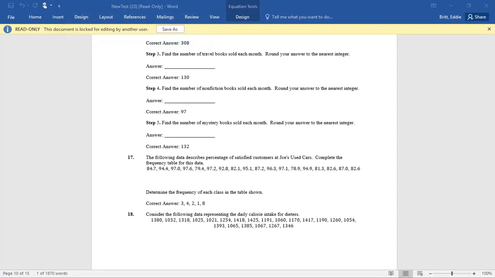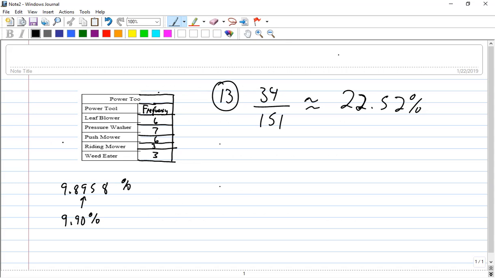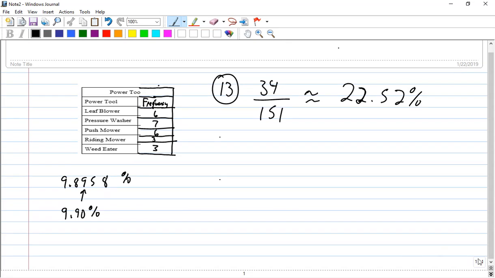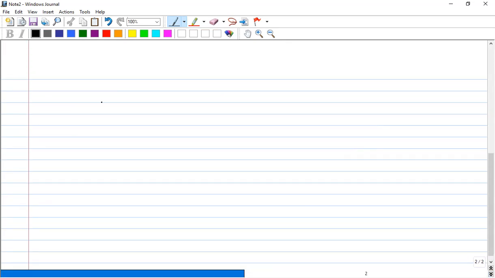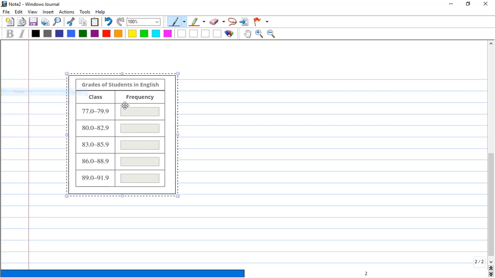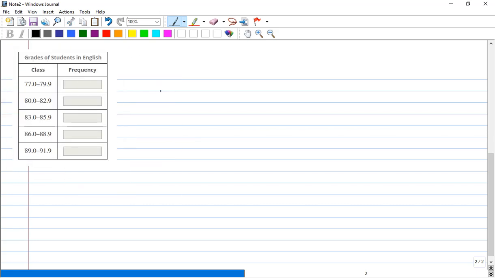And I may have to give you just a whole new problem because every time I open this and look at it, it gives me different numbers. Okay, so for number 17, you might want to copy this one down. I'll give you the numbers that we're going to use, but here's the table, and you'll have something like that given on your test.